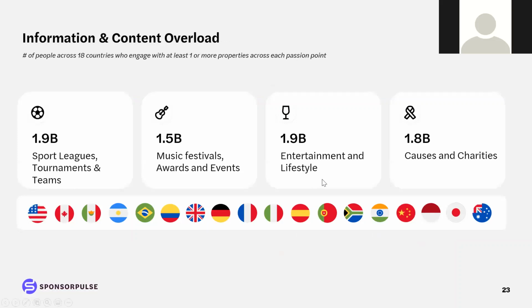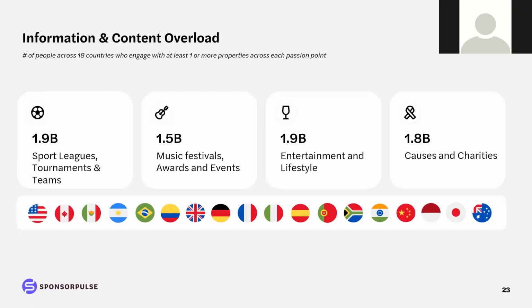Which brings us to our next point of noise. And I apologize if I'm going quickly. There is a lot to get through, but I'll slow down a little bit because this is where it gets really tricky: how many hundreds of thousands of different properties there are around the world that are sports, music, cause, culture, entertainment, lifestyle, festivals, local festivals, grassroots, all those types of things.